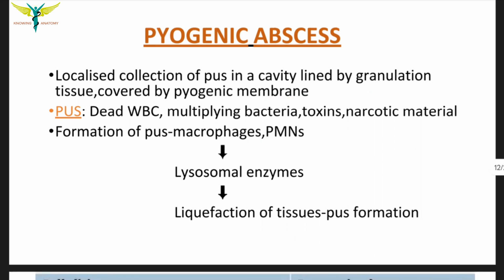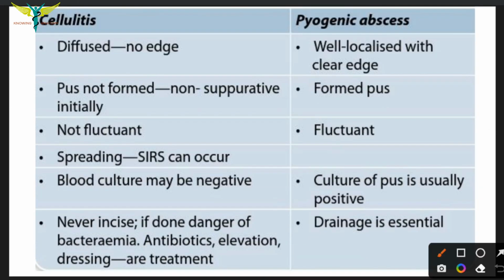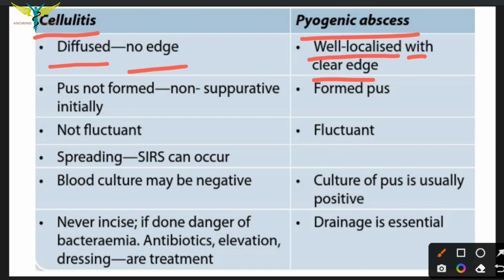So we must be able to differentiate cellulitis from pyogenic abscess. The difference between cellulitis and the pyogenic abscess: in cellulitis, it is diffuse and has no edges, whereas the pyogenic abscess is well localized with a clear edge. In cellulitis, pus is not seen and it is non-suppurative initially. In pyogenic abscess, there is pus formation.